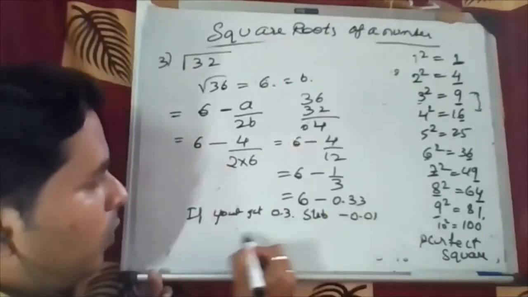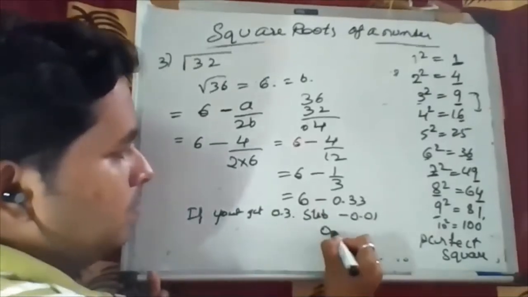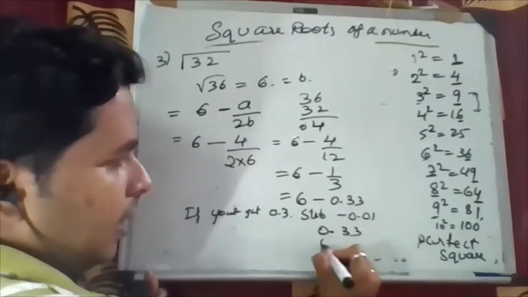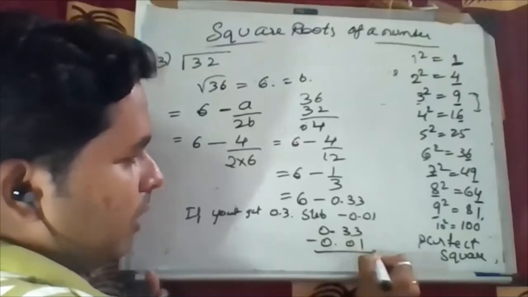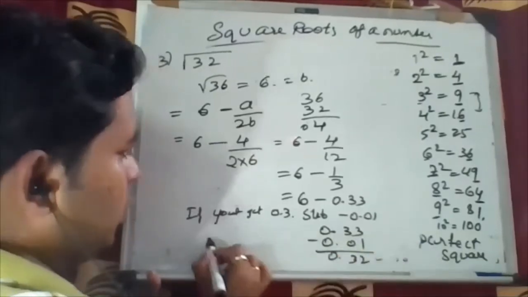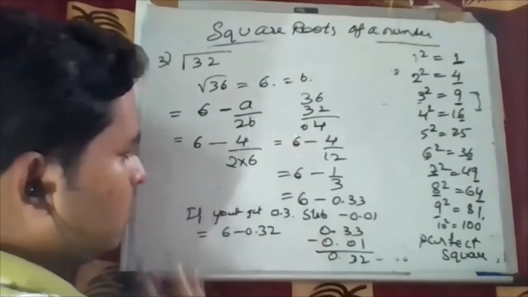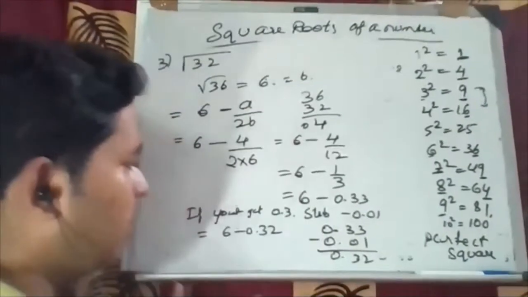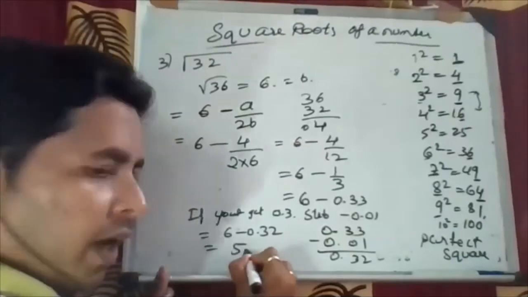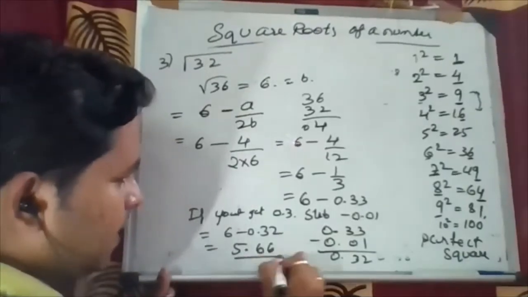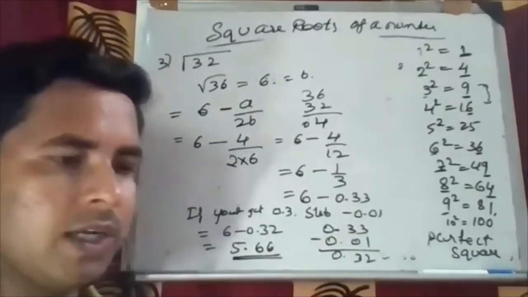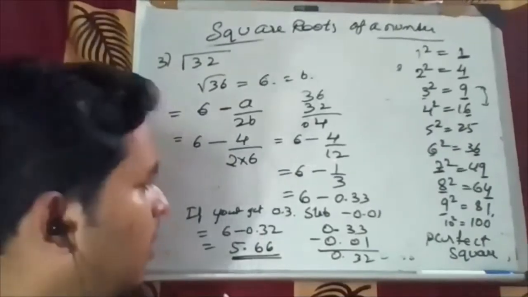So 0.033 is there. If you subtract 0.01, you will get 0.32. So your value will be 6 minus 0.32. So what is 6 minus 0.32? It is 5.66.